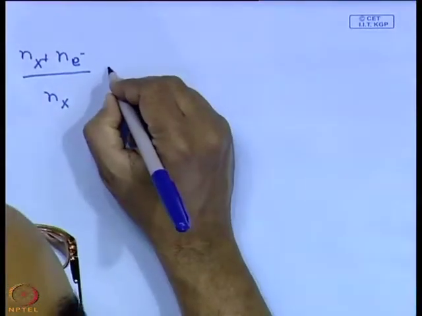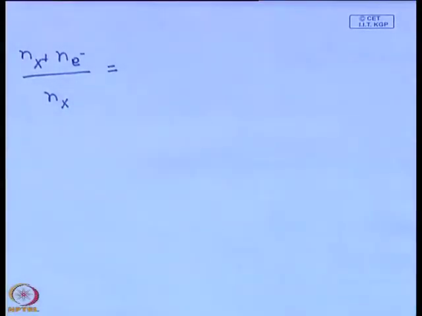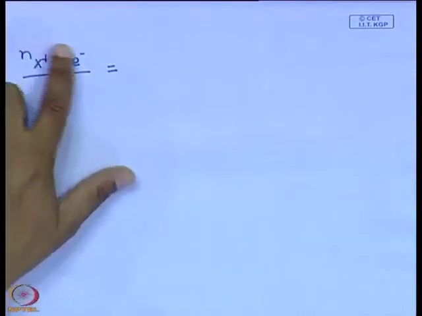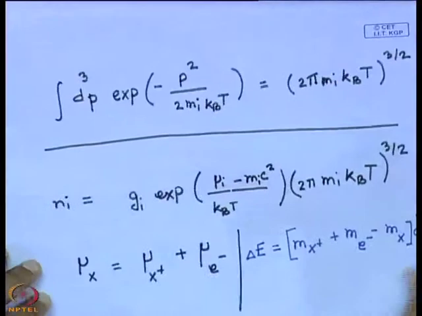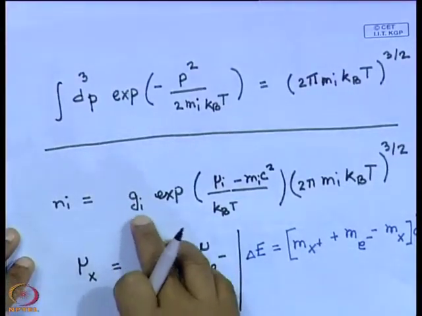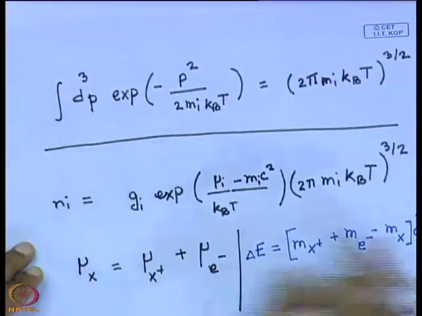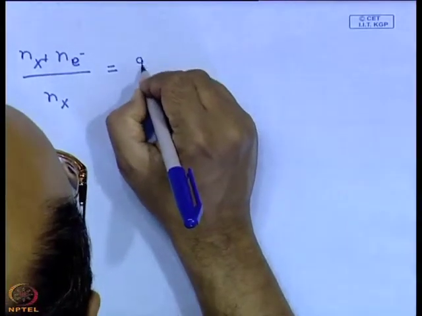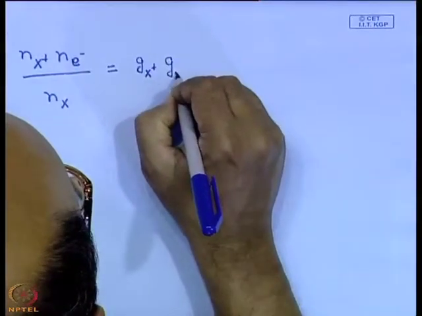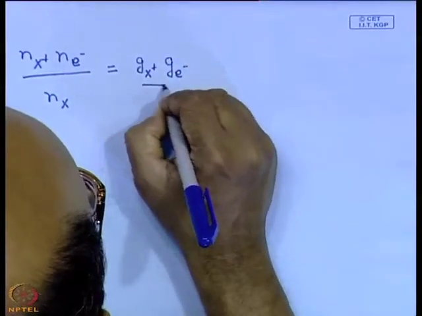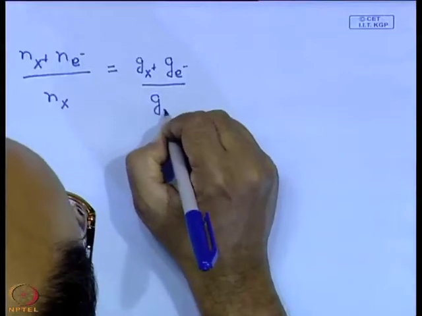Okay. So, let us consider this. When we consider this ratio, we will have one factor which is the ratio of the corresponding degeneracy factors. So, we will have G x plus G electron by G x.